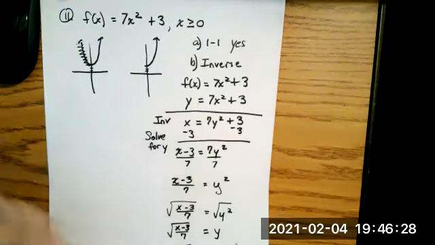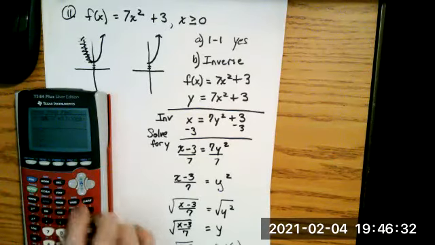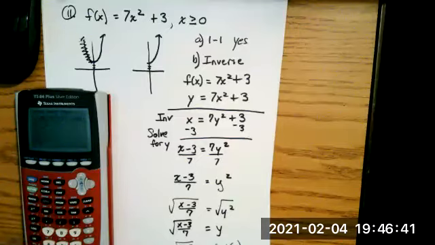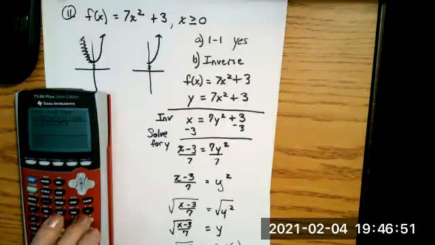If you want to see it on your calculator, you can put it in there. I would put it in so you can see them reflect across that. I do second and square root. It's going to open that up. I'm going to put parentheses around my x minus 3 since it is a numerator, and I'm going to divide it by 7.